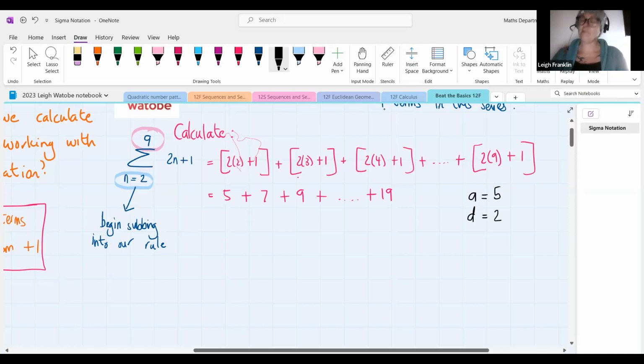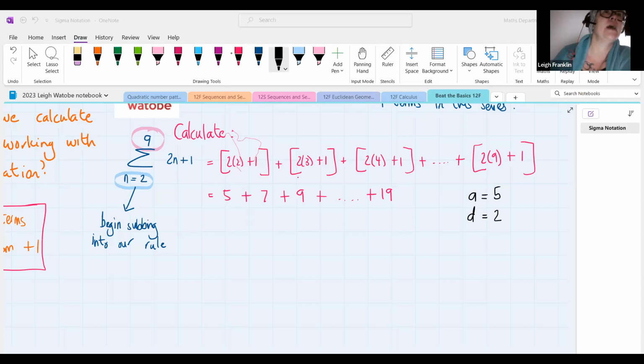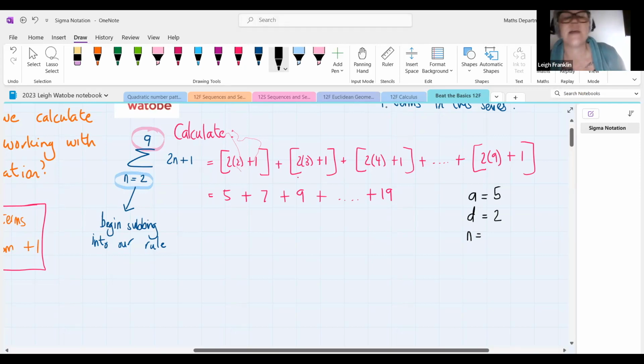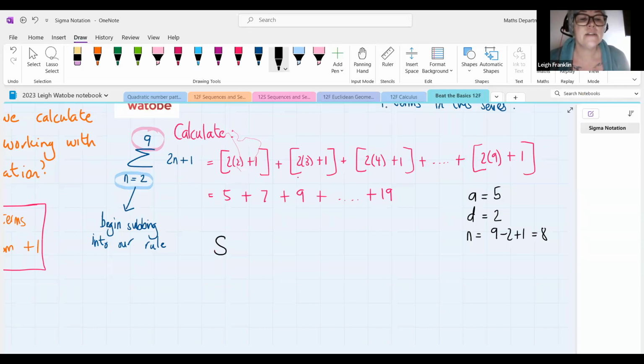If there is a constant difference and not a constant ratio, it means that we need to use the arithmetic sum formula. You've also worked out the value of n. You've told me already that it's 8: 9 minus 2 plus 1 is 8. So straight away I can calculate the sum to 8.